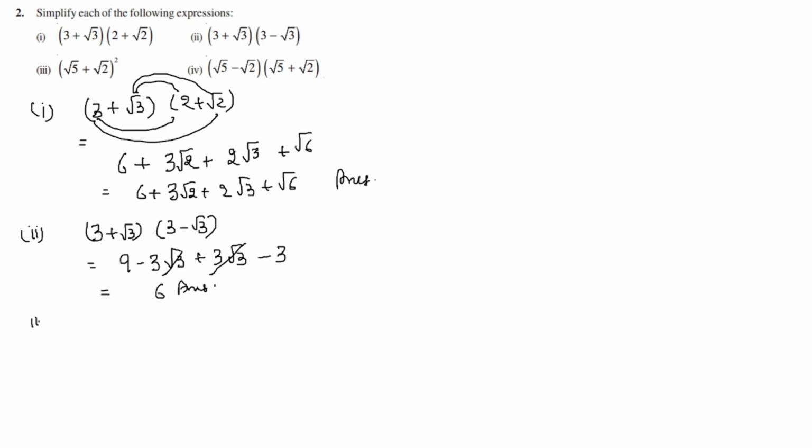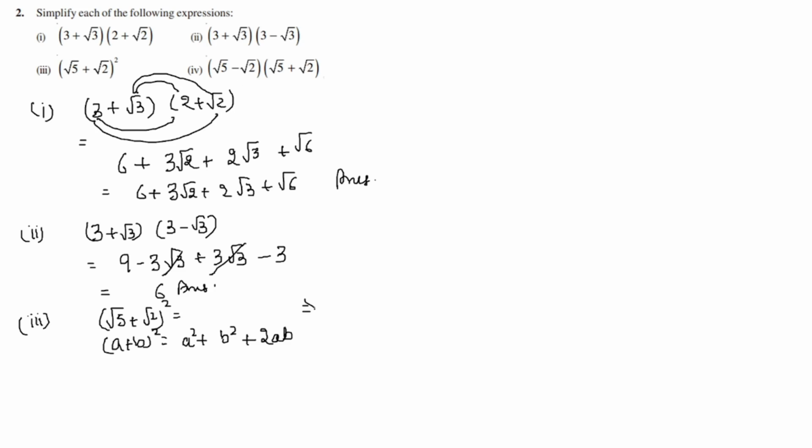Now the next part. Here we have (root 5 plus root 2) whole square. We know one identity: (a plus b) whole square is a square plus b square plus 2ab. So we simplify according to this identity.